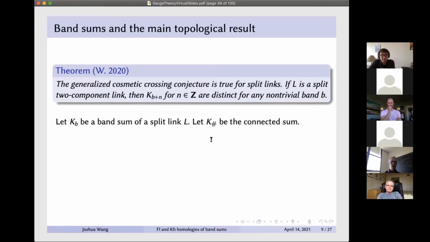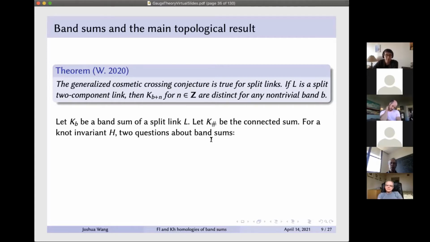Okay. And throughout this talk, I'm going to be using a number of different knot invariants. And so I thought I would pose two questions about band sums for a given knot invariant that I think would be helpful to keep in mind throughout this talk. So if you've got a favorite knot invariant H, here are two questions I pose about band sums.